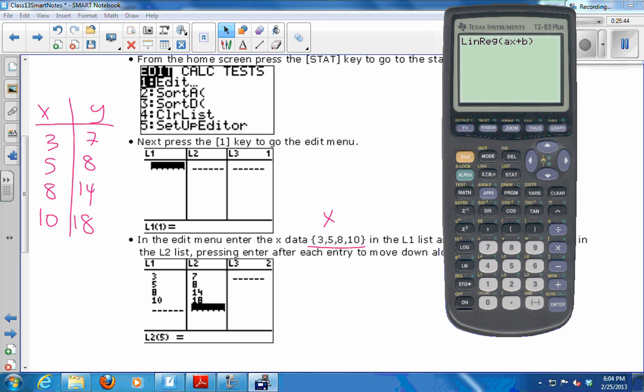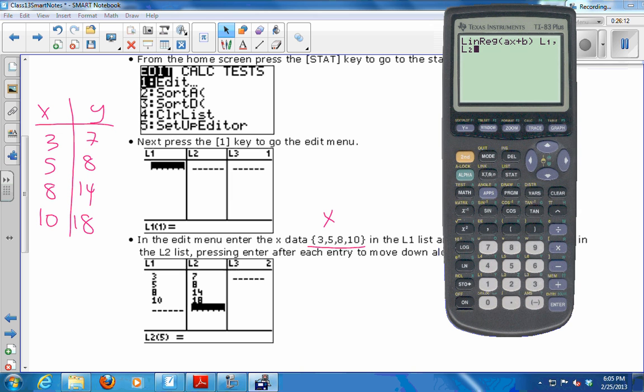They're in yellow, so you use the second button. Second, L1. Then you press comma, which is right above the 7. Then you hit second, L2. So we're telling it that our data is in list 1 and list 2. And then I want it to take the regression equation and paste it into Y1. I want it to come up in Y1 so that I won't have to retype it.